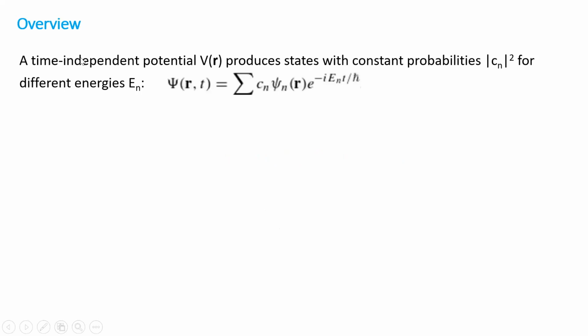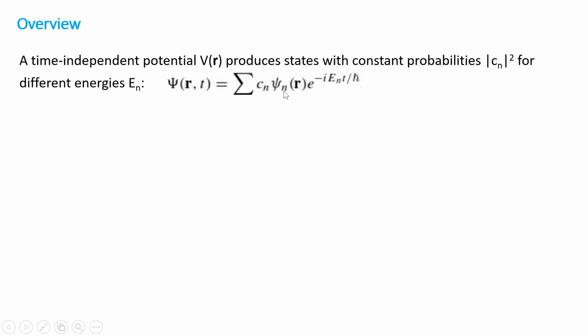So as an overview, if we have a time-independent potential, V of R, so it depends on space but not on time, it produces states with constant probabilities, Cn squared, for the different eigenstate energies En. So a typical wave function would be psi of R and T is the sum over n, Cn weights, psi n of R, where these are the eigenstates, and then the time-dependent oscillation factor, e to the minus i En t over h bar.